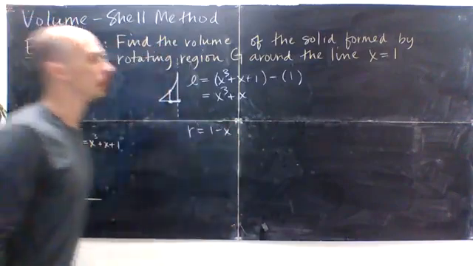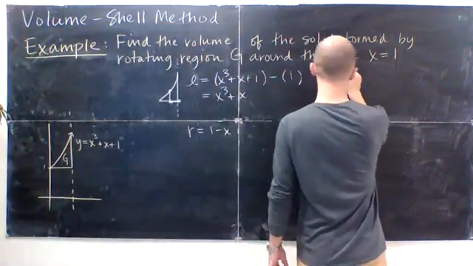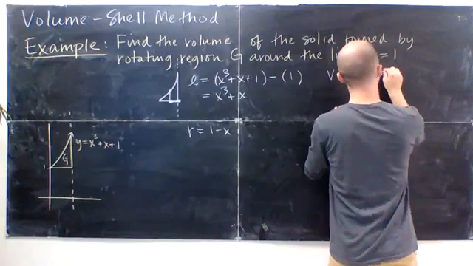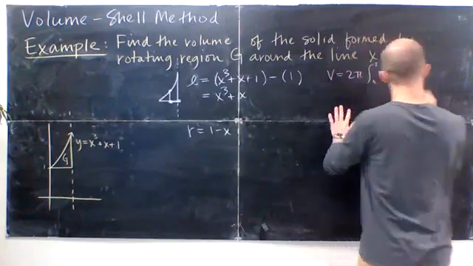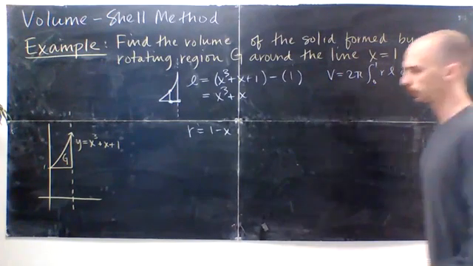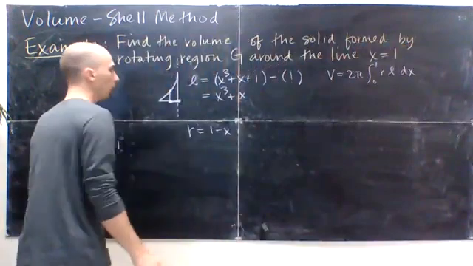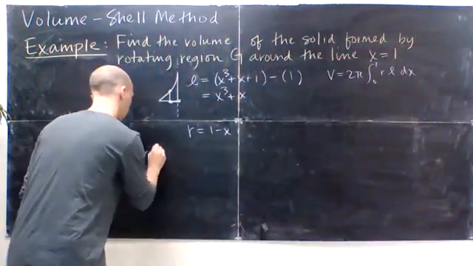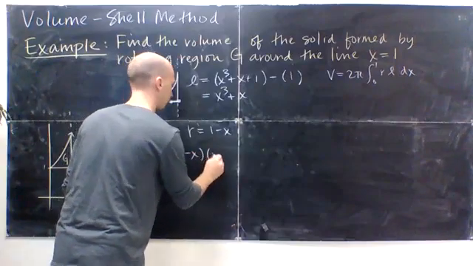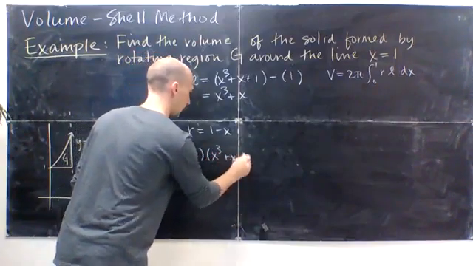So I know where I'm headed: I need volume equaling 2 pi times the integral from 0 to 1 of RL dx. So RL, okay, I don't want to make an error here. RL is 1 minus x times x to the 3 plus x.